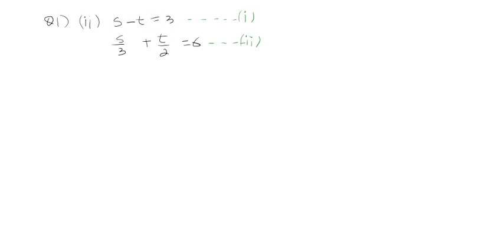So I'll write here, from equation 1, s will be equal to 3 plus t, and this will be our third equation. Now this third equation I will substitute in the second.